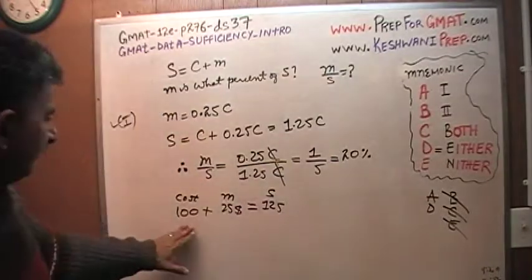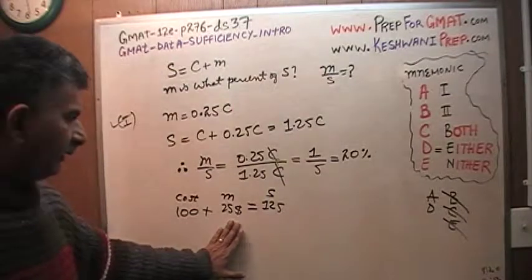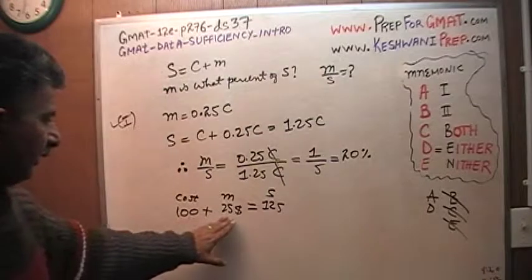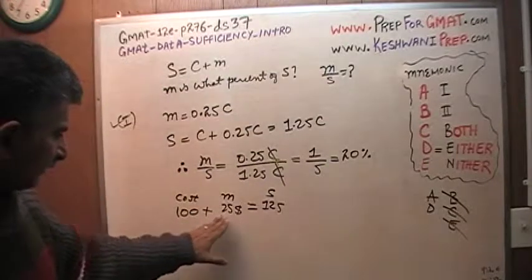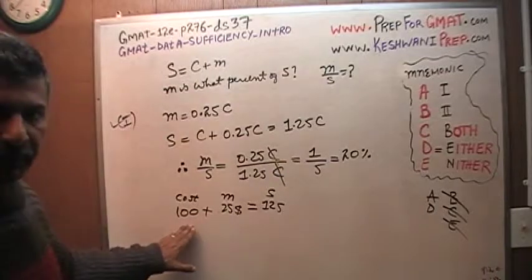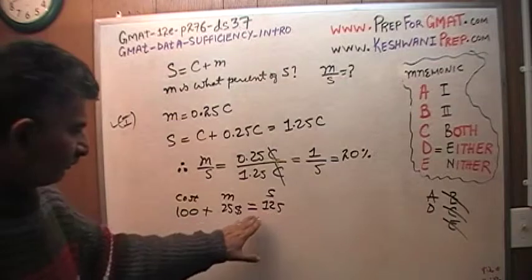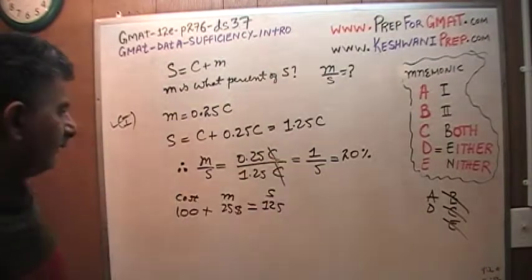Let's say I buy something for $100, I add 25% markup and I sell it for 125%. What I'm trying to make you understand is that if you're looking at this markup as a percentage of the cost, it is 25%. But this markup as a percentage of the selling price is 20%. As you can see, this is 1/5 of 125. That's what we found there.